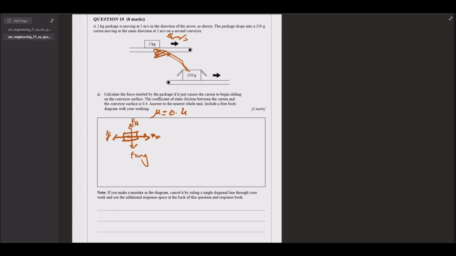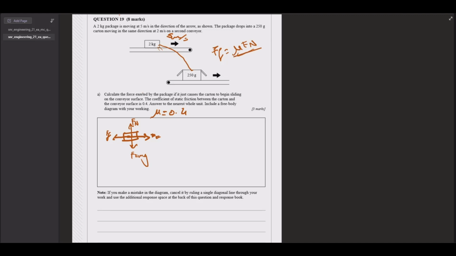So they said that as the 2 kilogram package moves into the carton, and the force exerted by it, the mass that they use is just the mass of the carton, which in my mind doesn't make sense, because you should be using the combined mass of these two, because the friction is mu Fn, and if you're putting the package in here, then the mass of the system is going to increase, meaning it's pressing harder on the surface, which means the normal force gets bigger, and the friction force gets bigger.